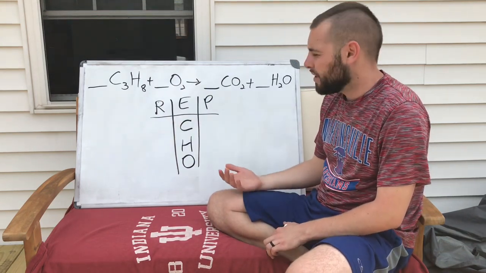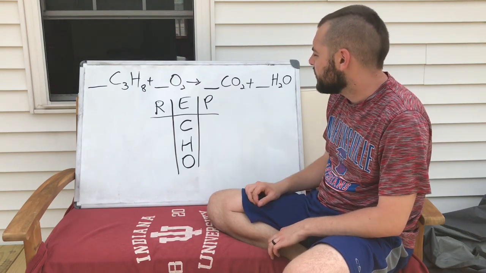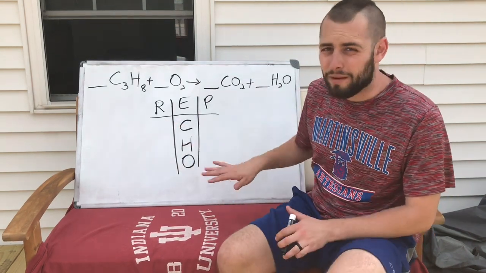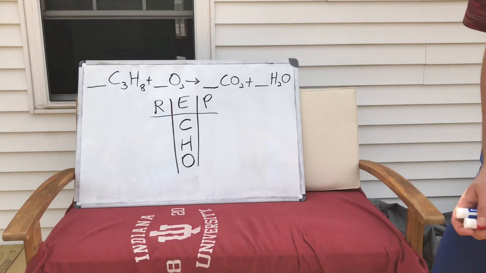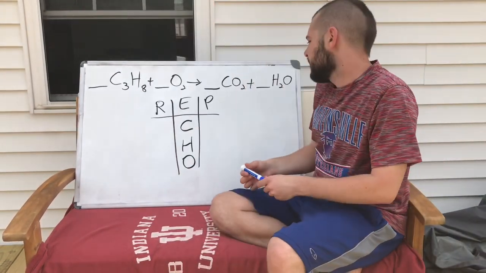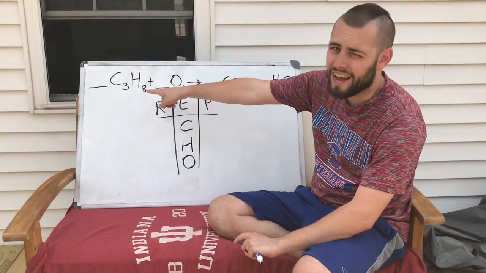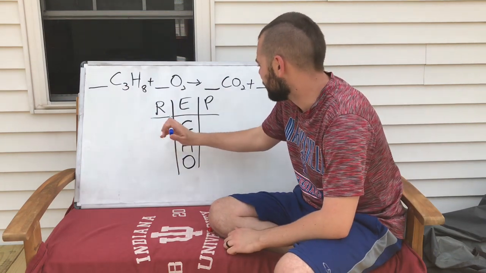Now I need to count up how many atoms do I have of each element for the reactant side and for the product side. I'm going to switch colors here. So, on my reactant side, I've got 3 carbons. I'll put a 3.